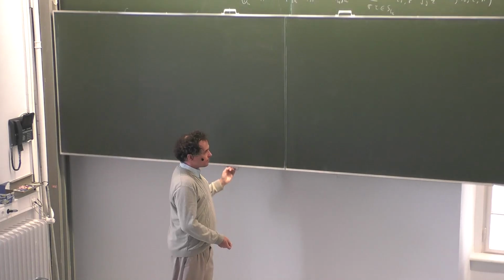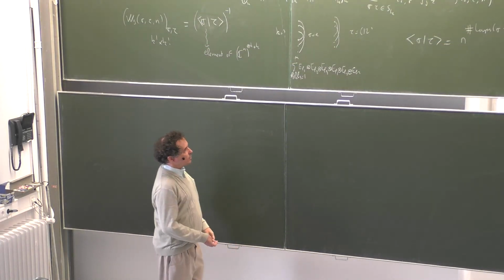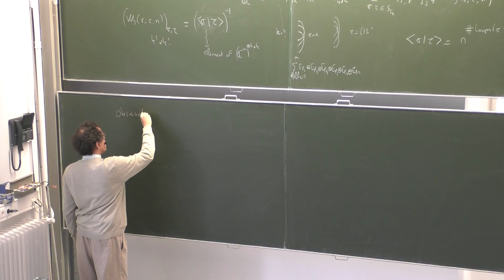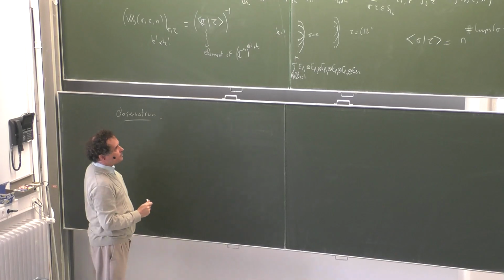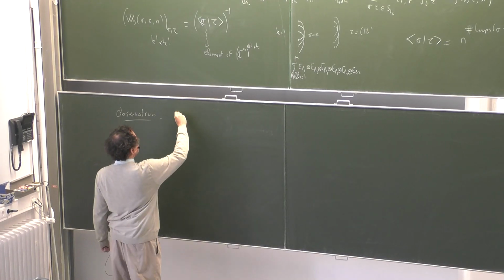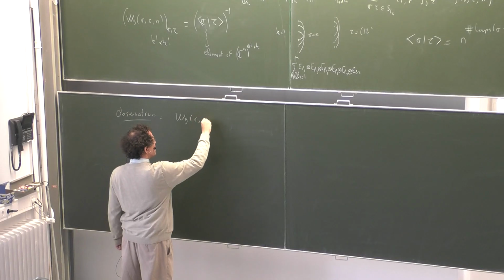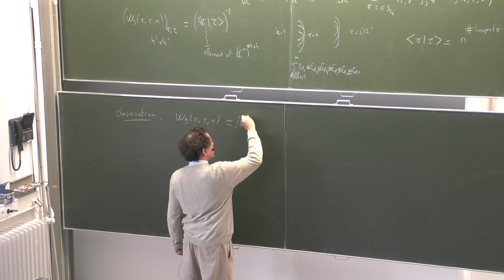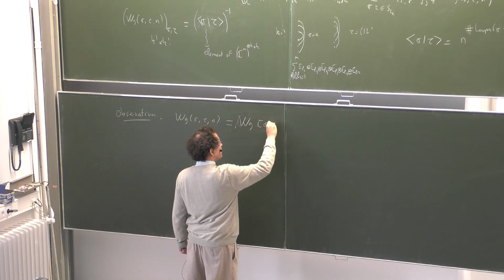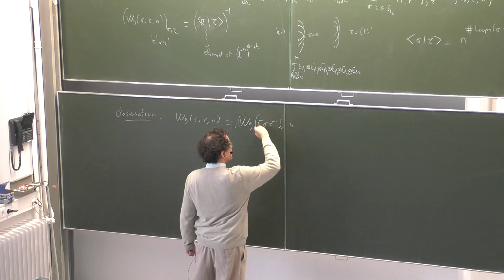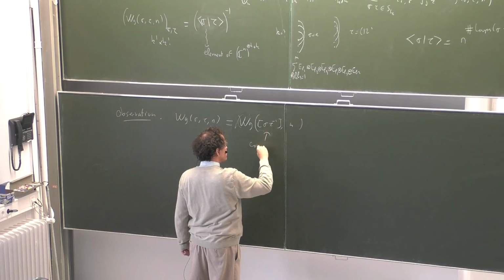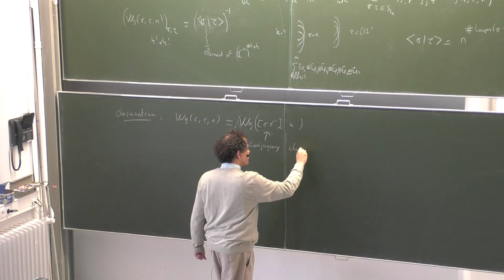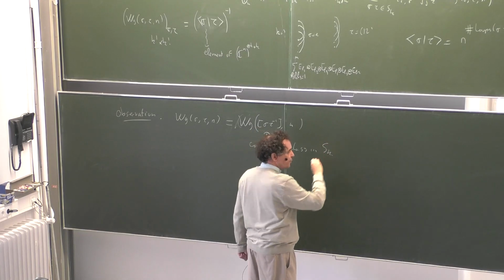Maybe one observation here is that the Weingarten function of sigma tau n actually only depends on the conjugacy class of sigma tau inverse in the permutation group.